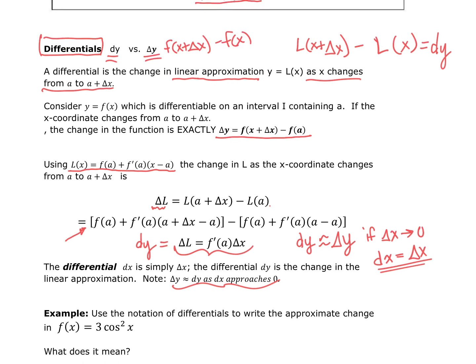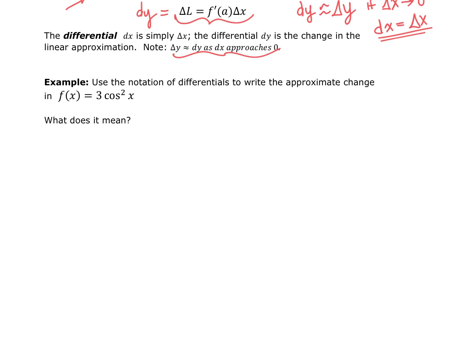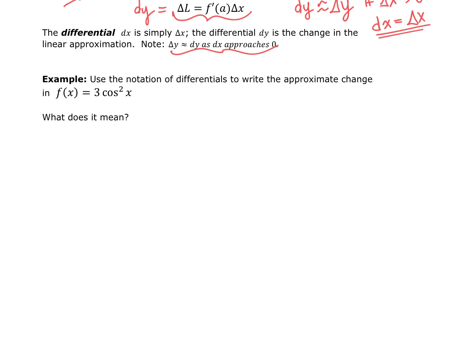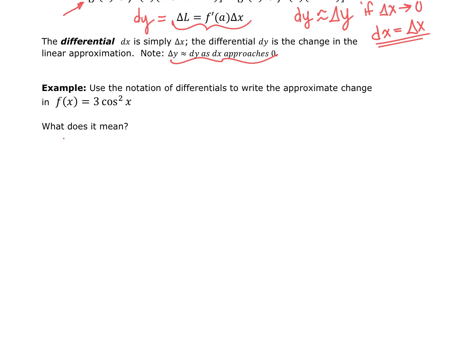All right, finishing this up, let's use the notation of differentials to write the approximate change in f of x, the approximate change in y values for the function f of x equals 3 cosine squared x. So I'm going to start here with our function f of x, 3 cosine squared x.